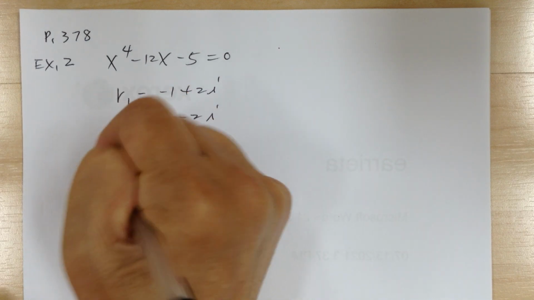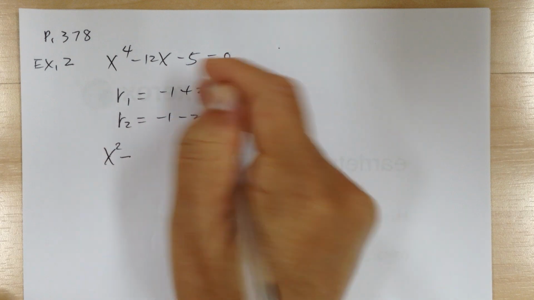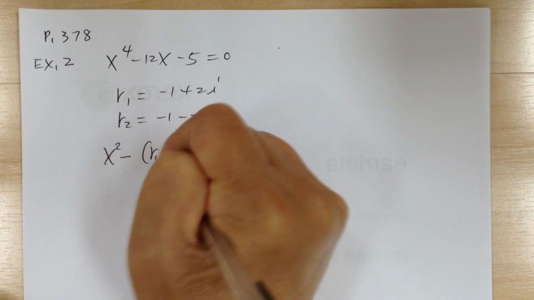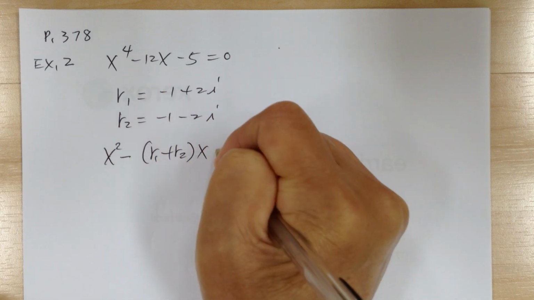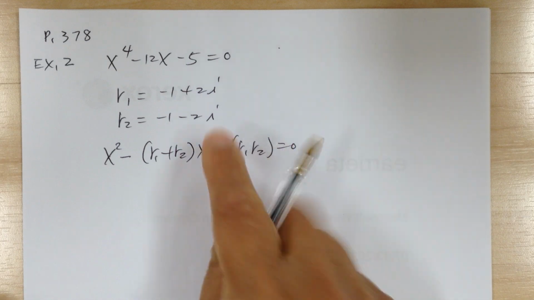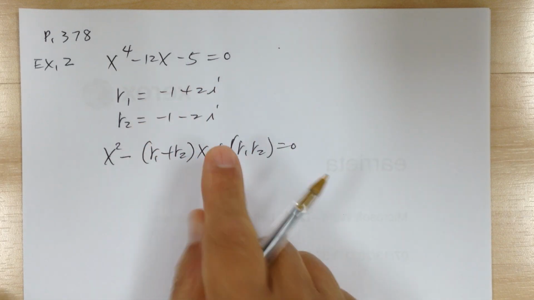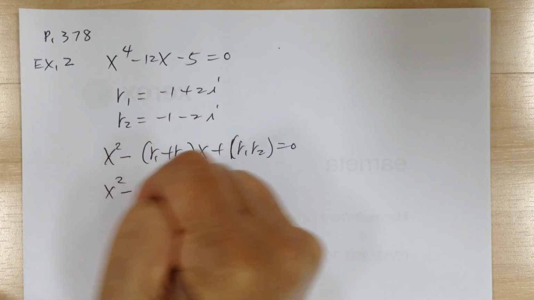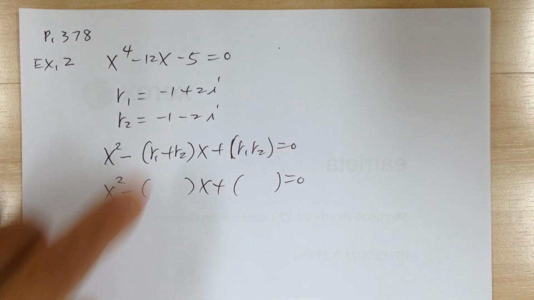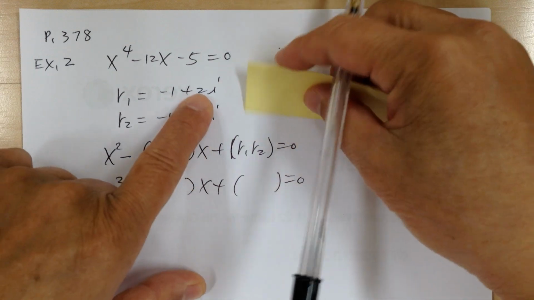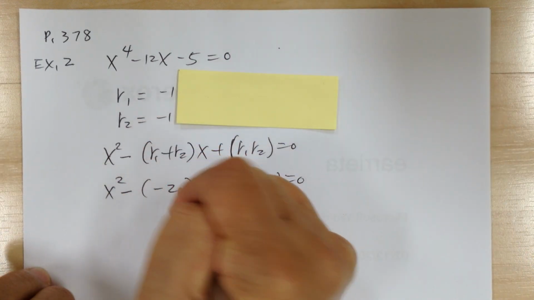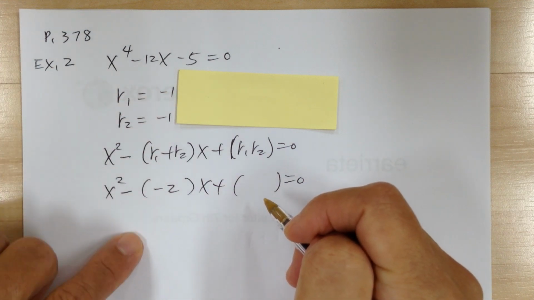So again, you've got x squared minus (r1 plus r2)x plus r1 r2 equal to 0. These two answers came from this equation. When you add the conjugates, the plus 2i and minus 2i cancel out, so you get negative 1 plus negative 1, which is negative 2.